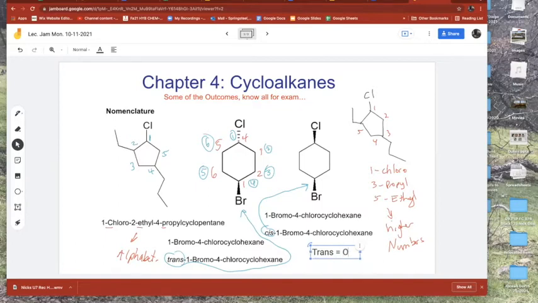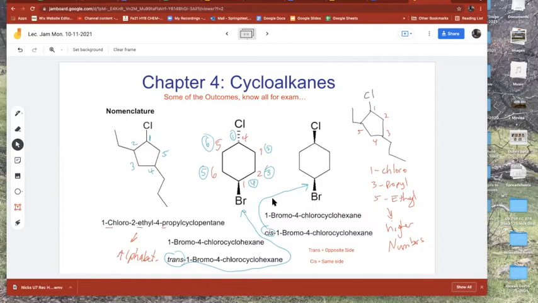Trans is opposite sides, and same side for cis, right?